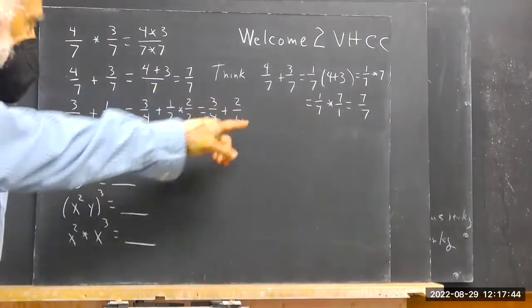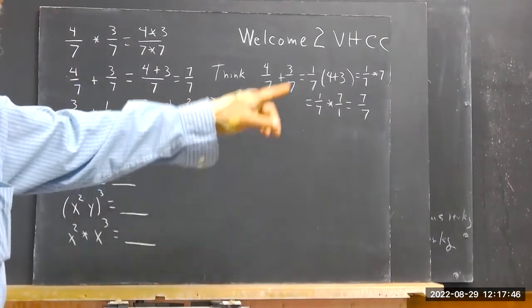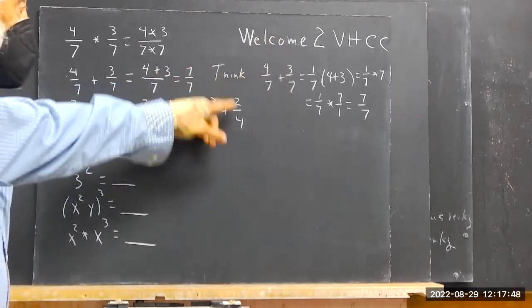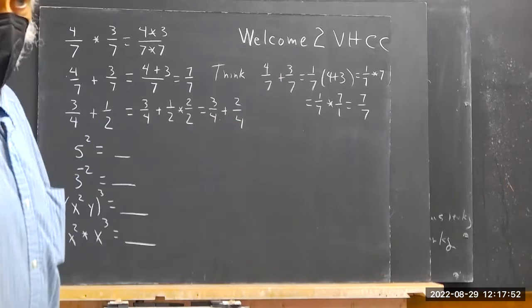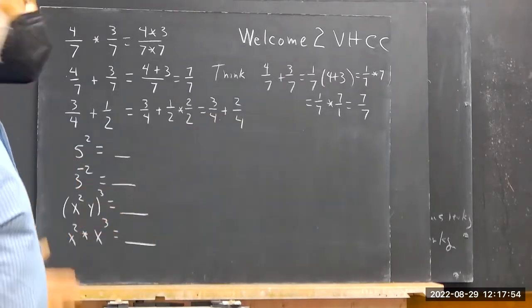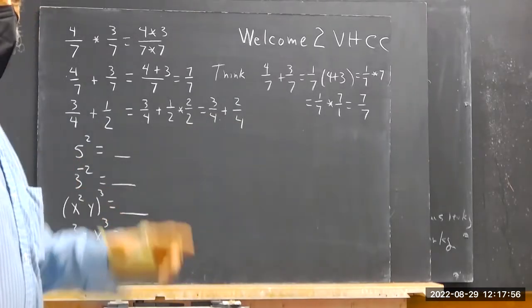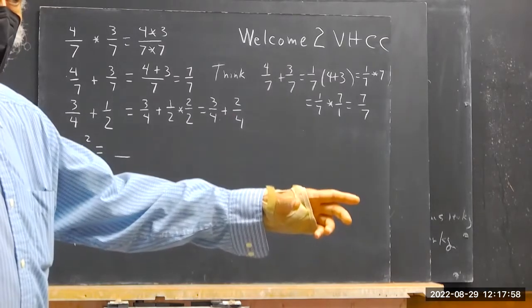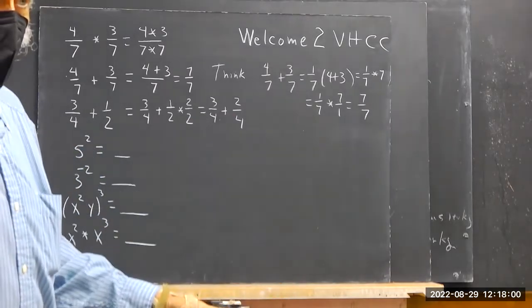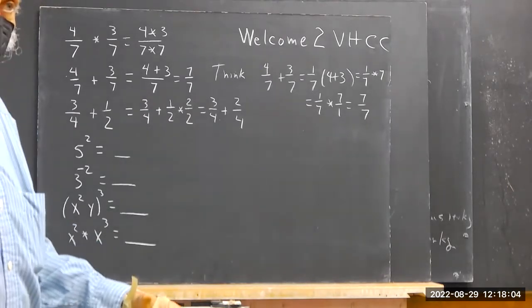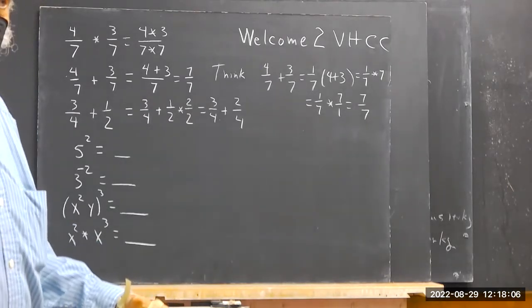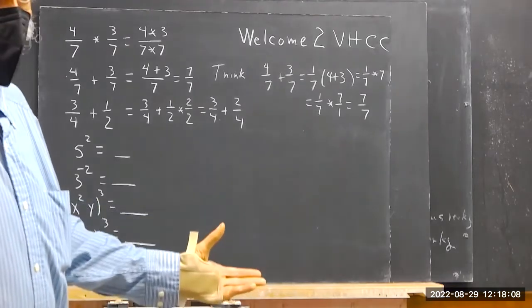Then 1 times 2 is 2, 2 times 2 is 4: 3/4 plus 2/4. Now I can add them because now we've got fourths. It's like quarters. I give you 3/4 and I give you $0.50. A $0.50 is the same as 2/4. So it's like you got 5/4.